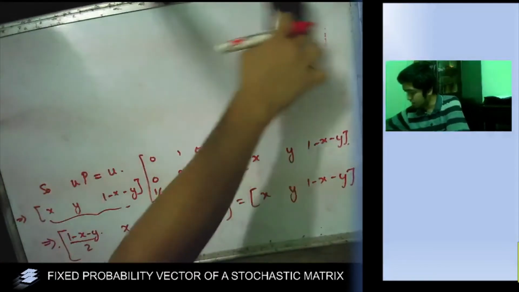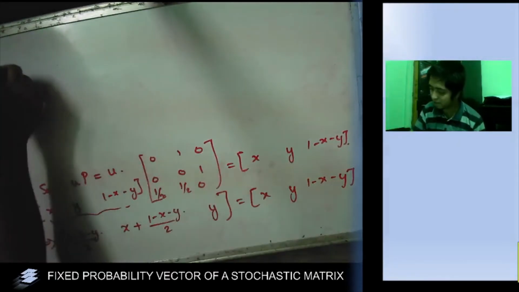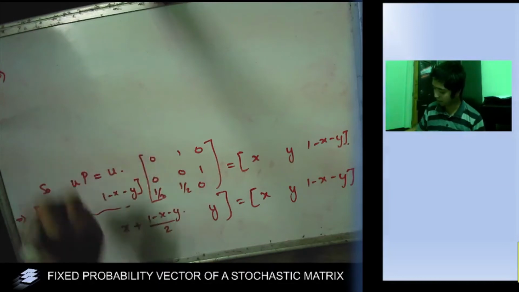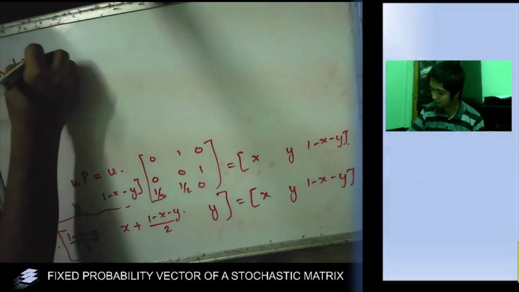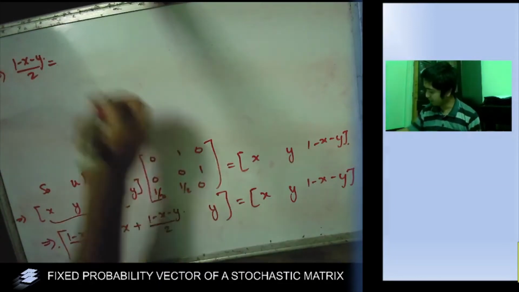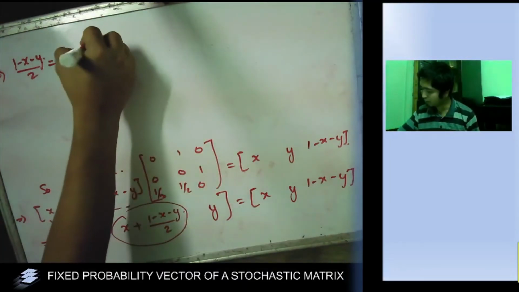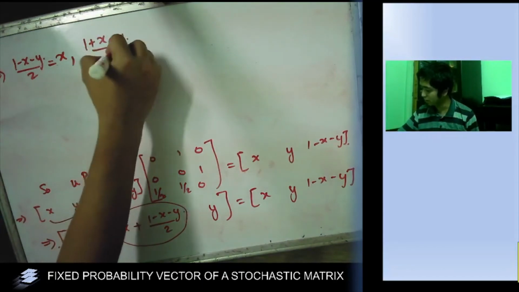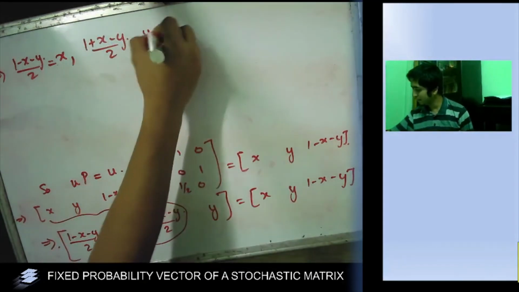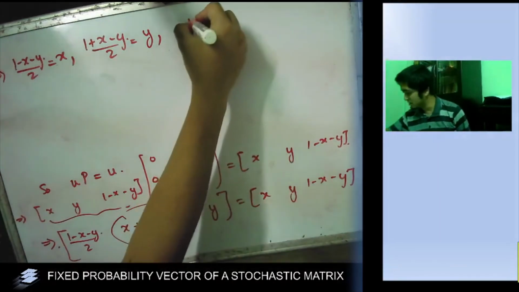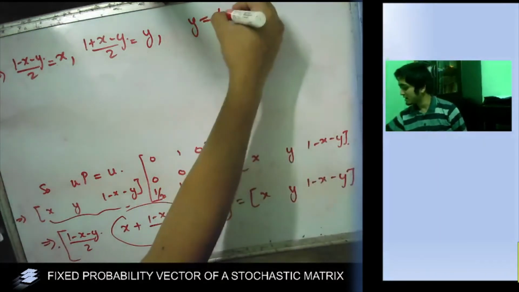So each coordinate, the first coordinate will be equal to the first coordinate multiplied by 2. So you will be getting (1 minus x minus y)/2 equal to x. And over here, we can simplify this one, 2x, so you will be getting (1 plus x minus y)/2, which is equal to y. And the third one, y, equals 1 minus x minus y.